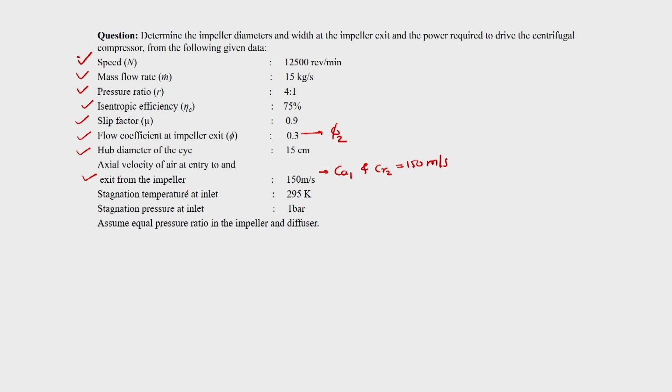Then we are given stagnation temperature at the inlet, 295 Kelvin, and stagnation pressure at the inlet, which is 1 bar.